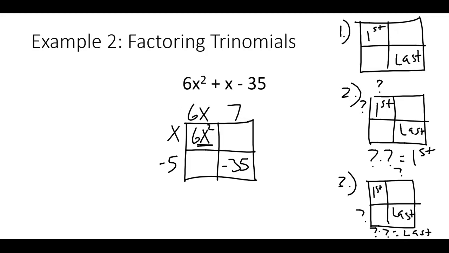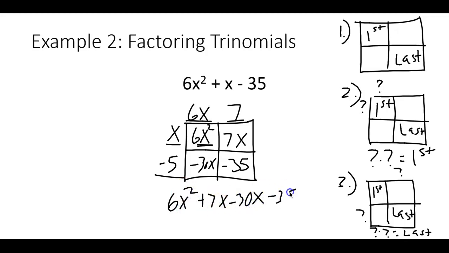So let's try it. X times 7 is 7x, and negative 5 times 6x is negative 30x. And we have 6x squared, and then we have 7x minus 30x and minus 35. So do these add up to make what we want them to? Well, let's see.